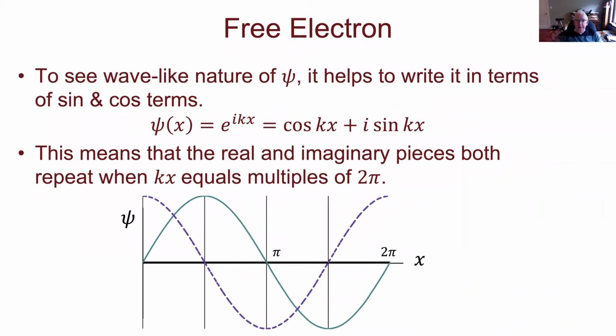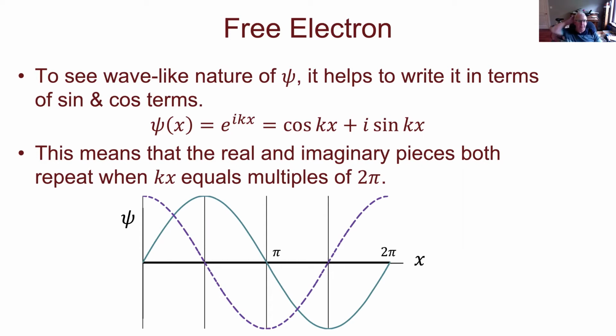To do that, a simple way to understand that this thing is wave-like is to write it in trigonometric terms. I can take that e to the ikx and express it in terms of cosine and sine terms. This is just a little bit of manipulation of complex numbers.